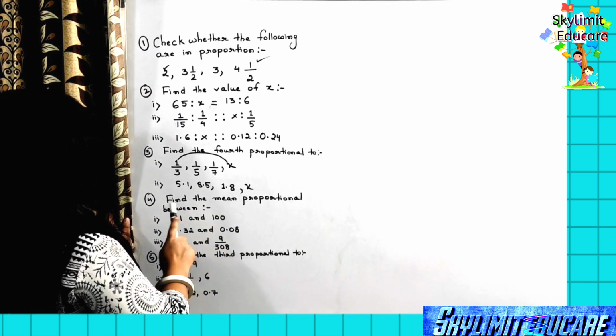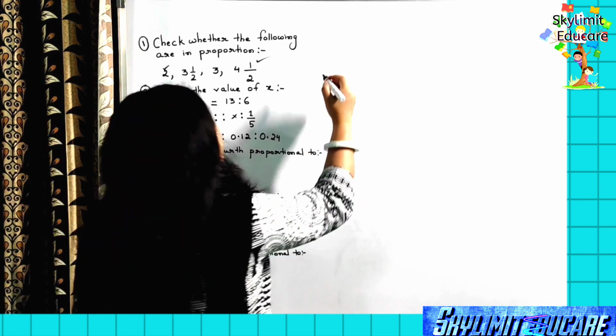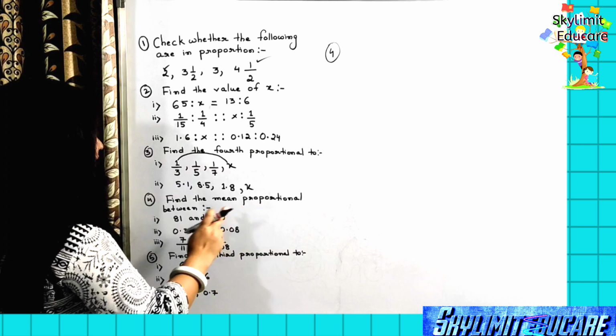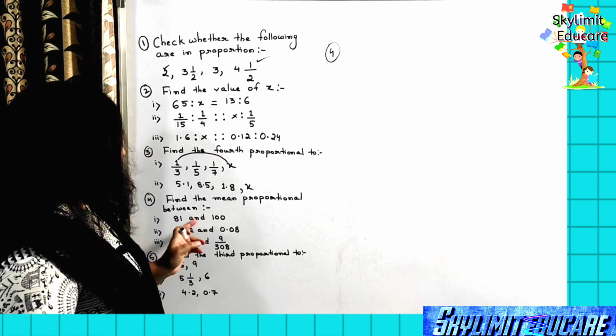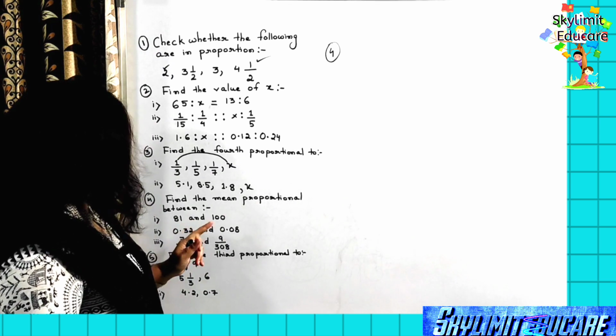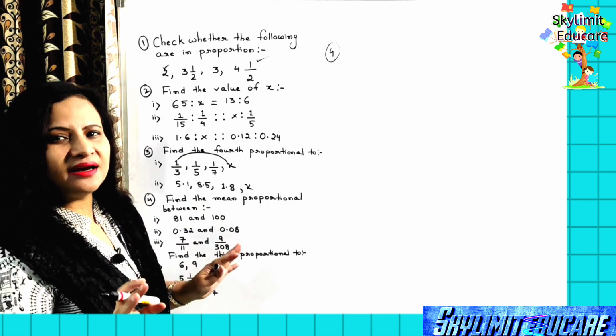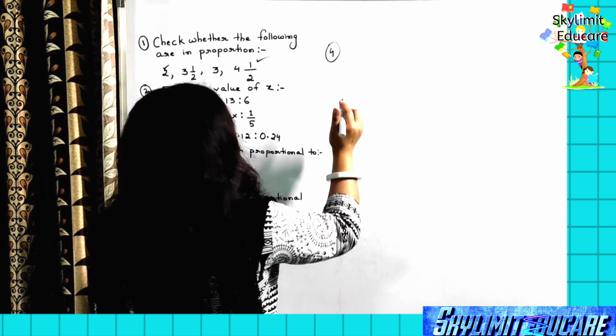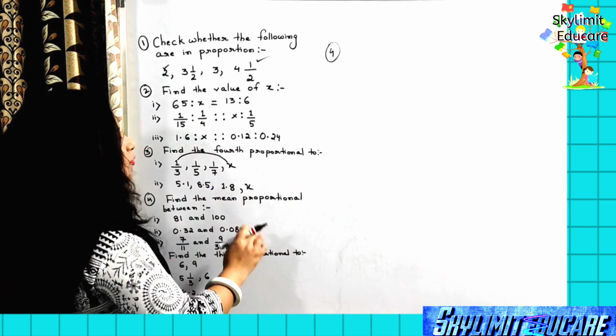Now students, let's come to the next question. Question number 4. The question is, find the mean proportional between 81 and 100. So there are 4 terms, you know, but here you are given only the extremes. 81 and 100 are the extremes, right? So here in this case, let the mean proportional be x.